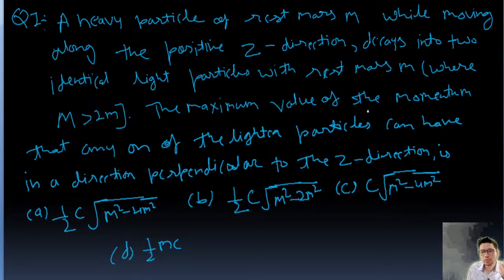We need to find the maximum value of the momentum that any one of the lighter particles can have in the direction perpendicular to the z direction. The heavy particle's rest mass is given, so this particle's velocity is relativistic. I'm going to solve it now.